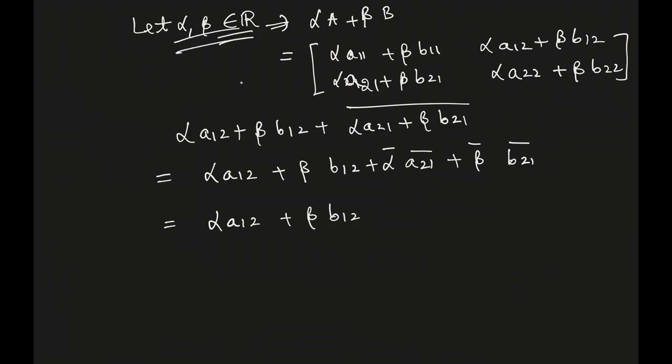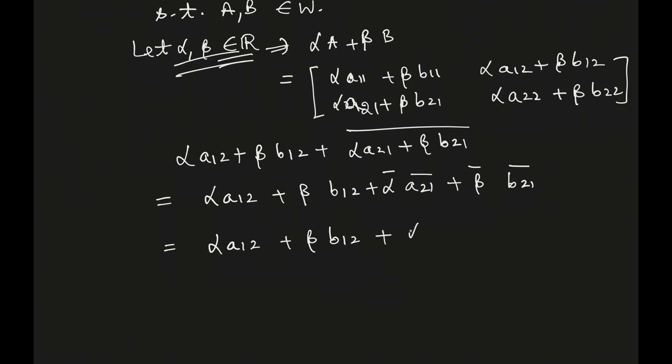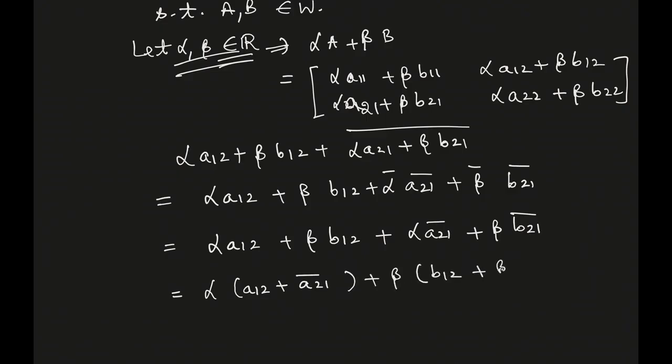Alpha and beta were real numbers, but the entries are from complex numbers. So alpha A21 conjugate plus beta B21 conjugate. I can take alpha common: alpha times (A12 plus A21 conjugate) plus beta times (B12 plus B21 conjugate). So this is also 0, this is also 0.